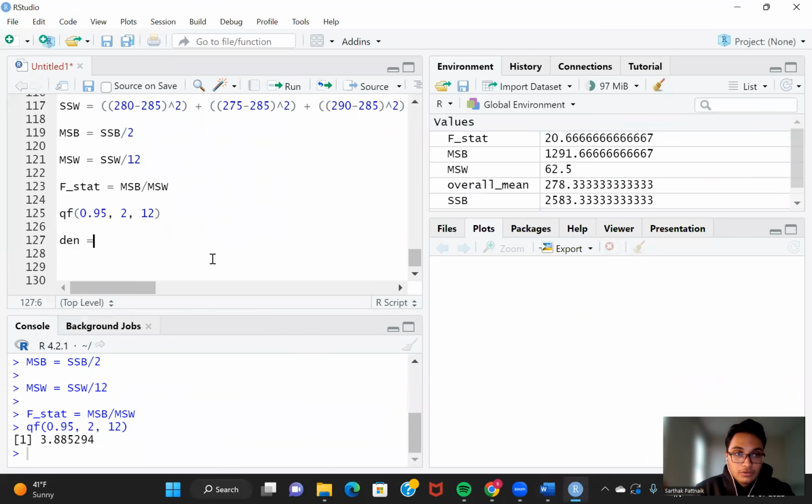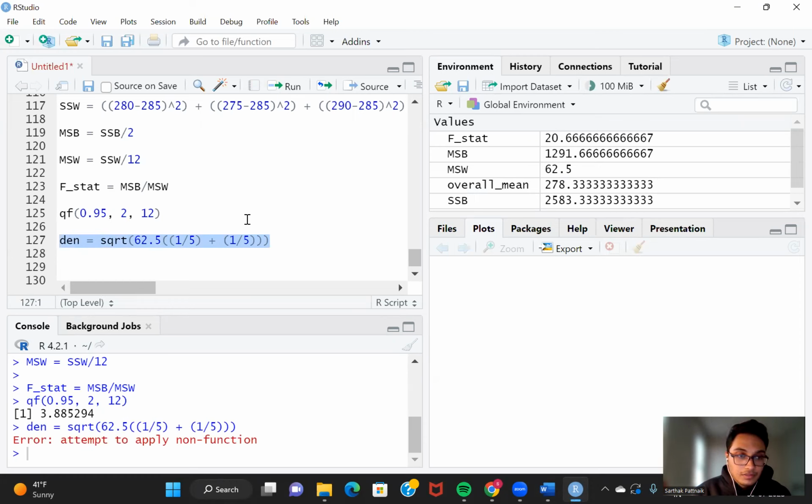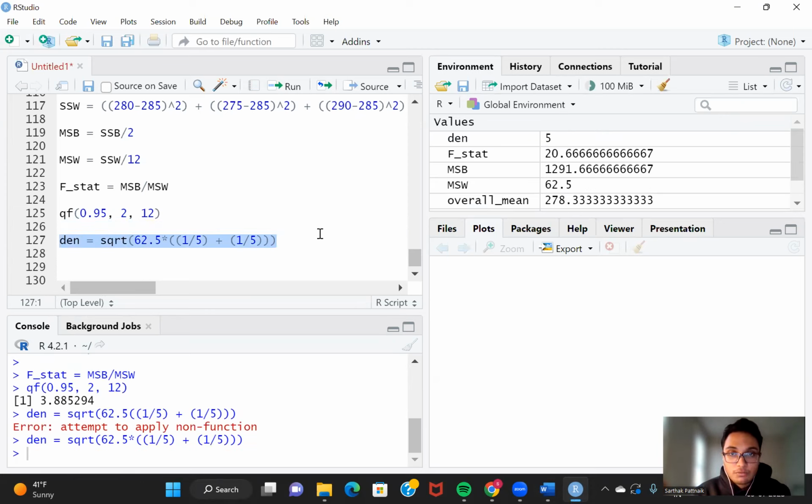My denominator will be equal to the square root of 62.5 into 1 by 5 plus 1 by 5. I'm so sorry, I just forgot to put multiply here. Okay, now we have the denominator.